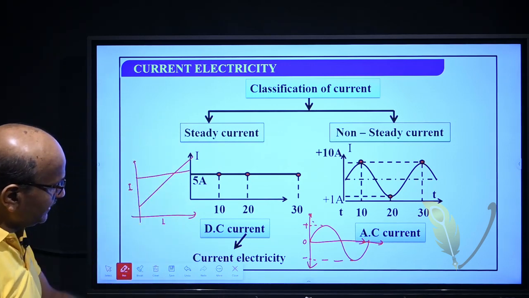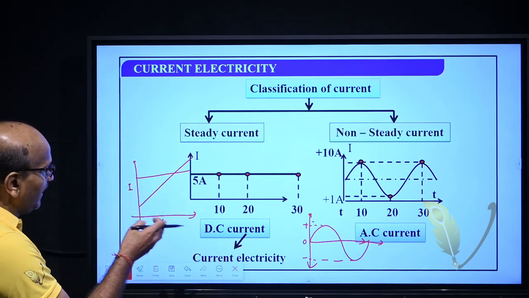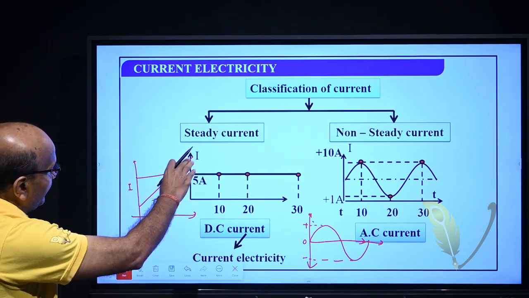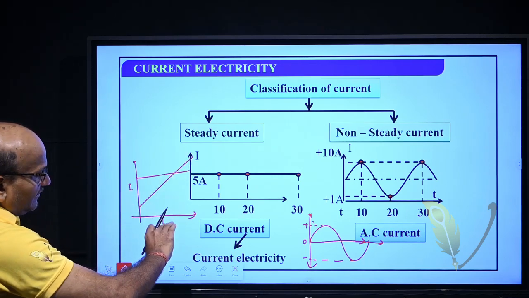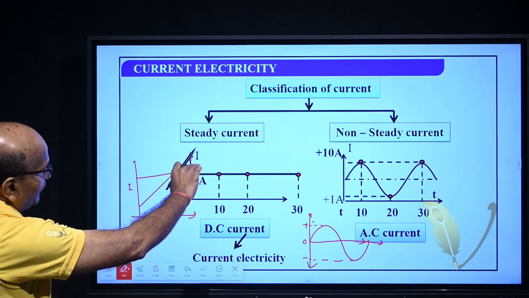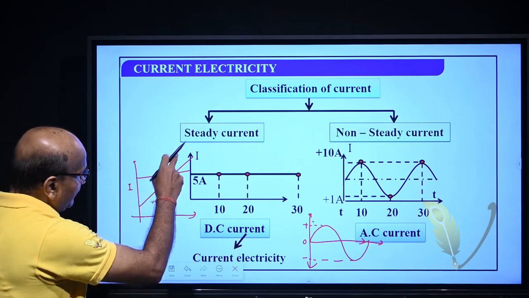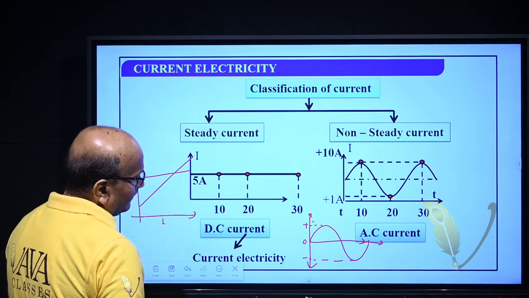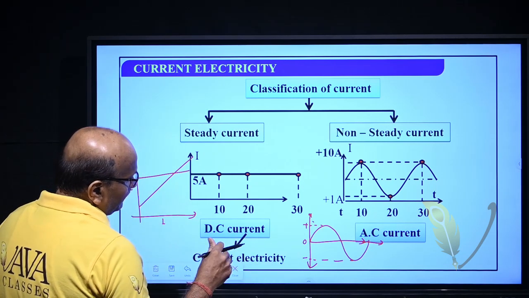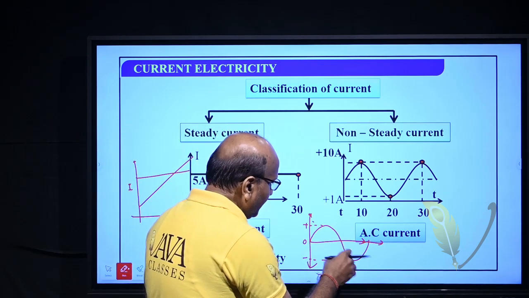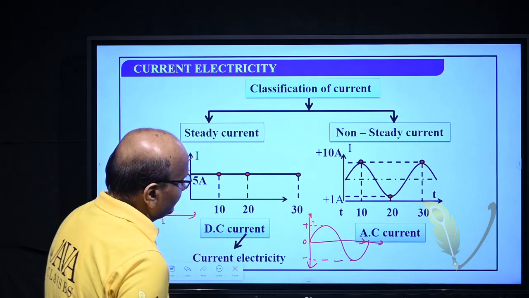Then it is called AC current. This is called AC and this is called DC. DC can be constant or variable, because the DC value may continue decreasing, increasing or fluctuating, but it is in one direction, in the positive direction only. But in AC the magnitude changes and the direction also changes periodically.